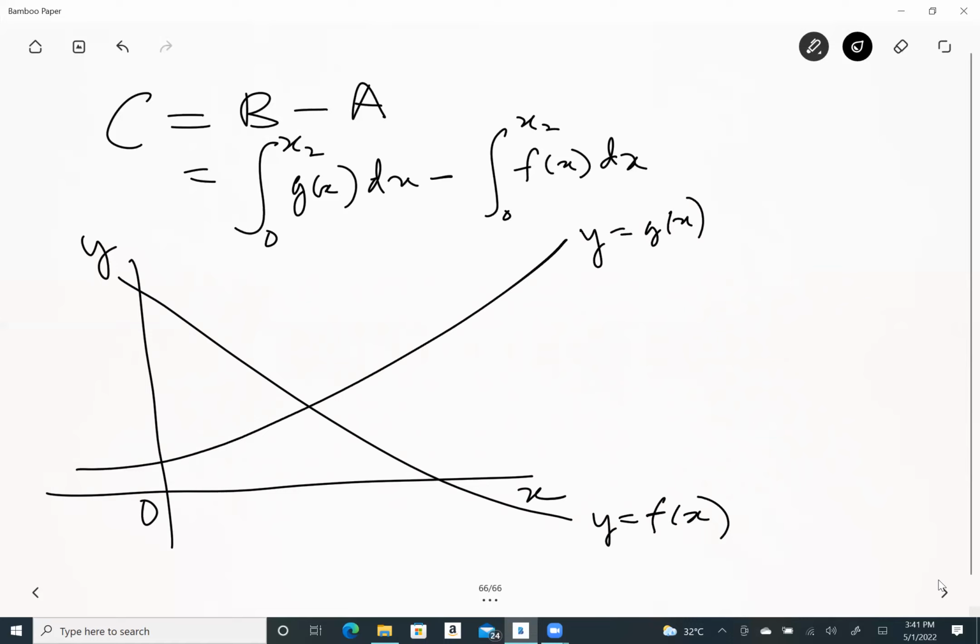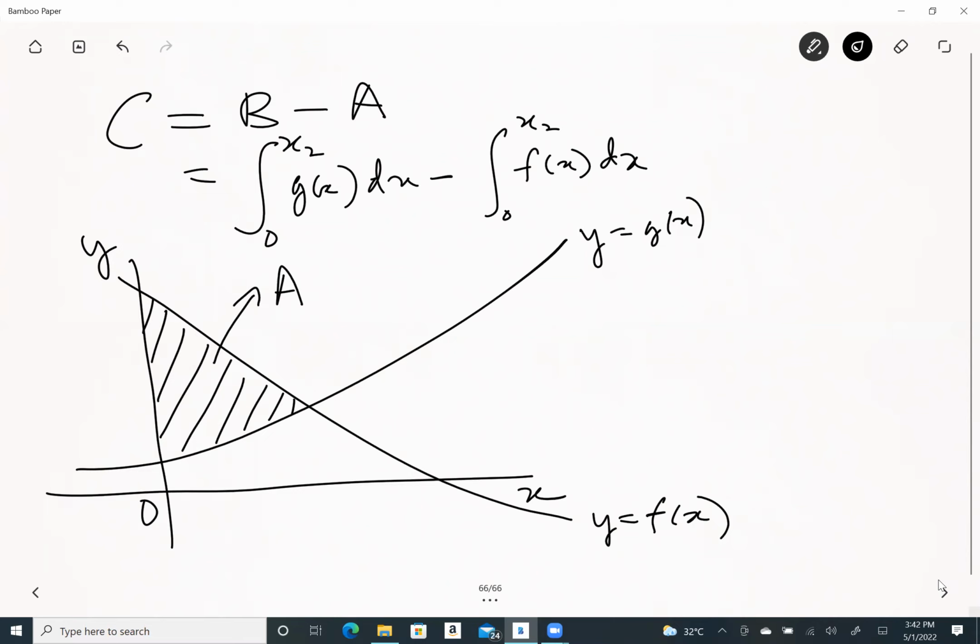Suppose I want to find this area. I call it area A. Okay. How can you find area A? Tell me, what do you need to know? Okay, what do I need to find in order to get the area A?